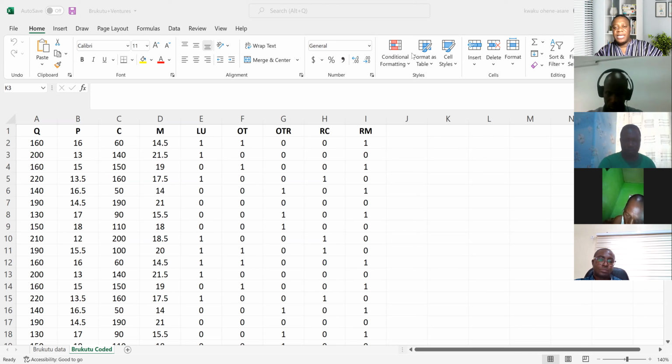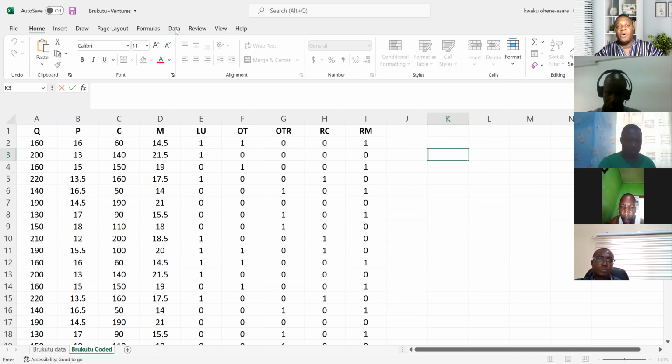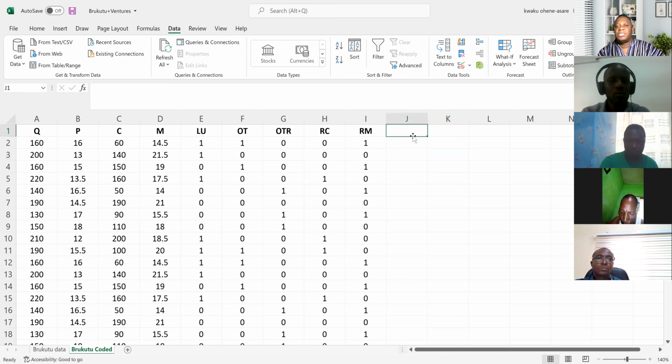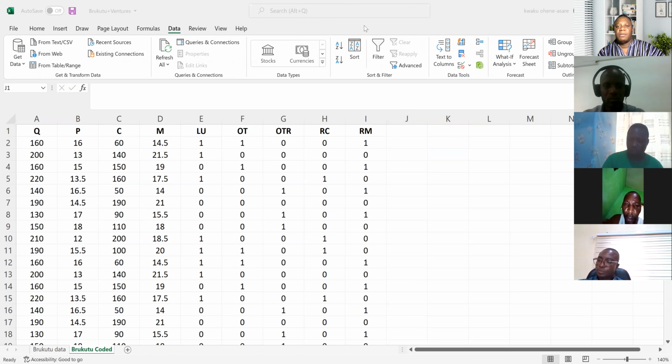So we're going to generate them now in Excel first. So in Excel, go to the tab at the top called the Data tab. You see the Data tab at the top. Click on the Data tab. And when you click on the Data tab, you will notice that there's something on the right known as Data Analysis.